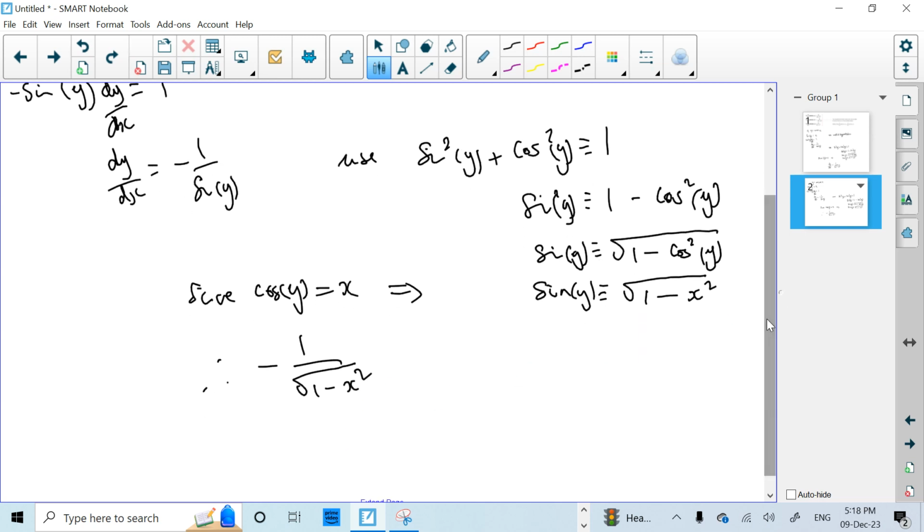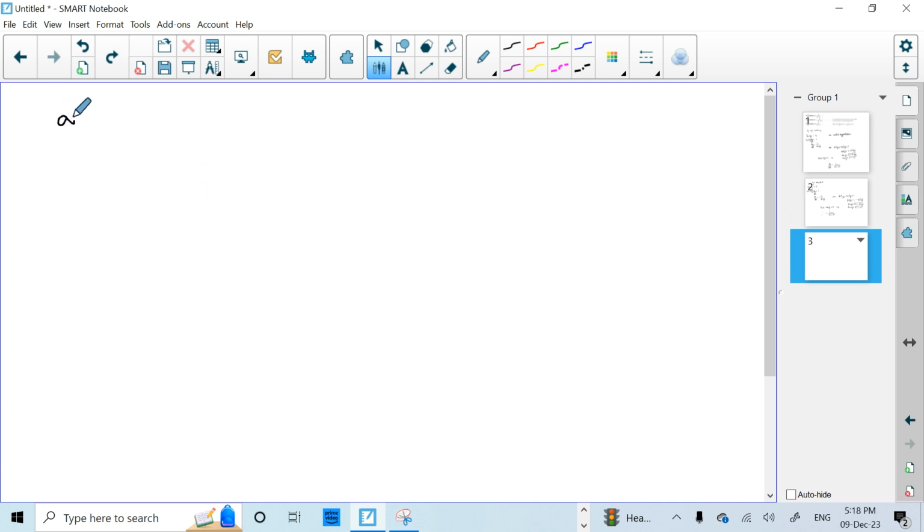And finally, arctan x. Let y be equal to arctan of x. Again, apply tan to both sides. We have tan of y is equal to x.